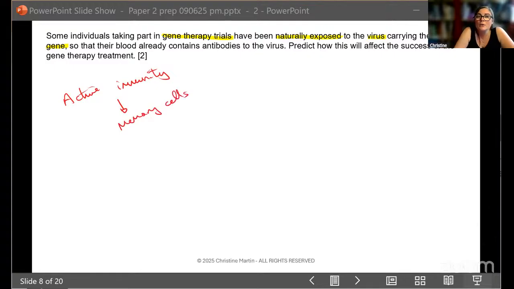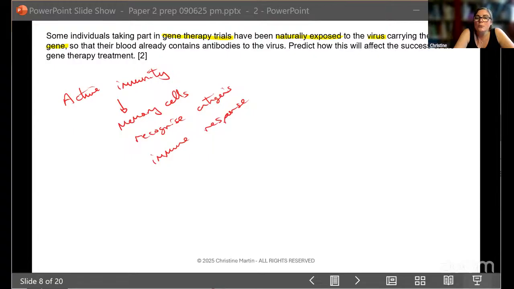Those memory cells are going to recognize the antigen, and therefore you are going to have an immune response which will be able to fight against the virus which has the functional gene.